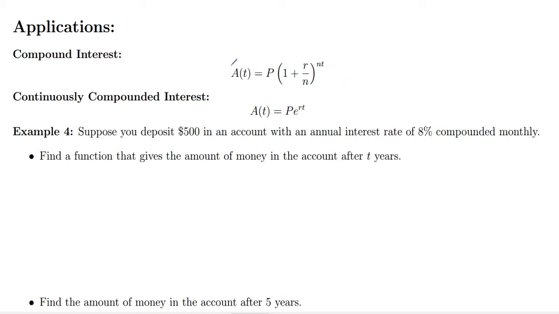So A here is the amount after t years. Okay, so this is a function. You start with a value. So this P here is the initial amount. Okay, so that's essentially how much you would invest.